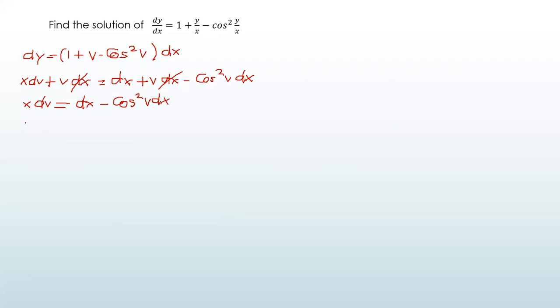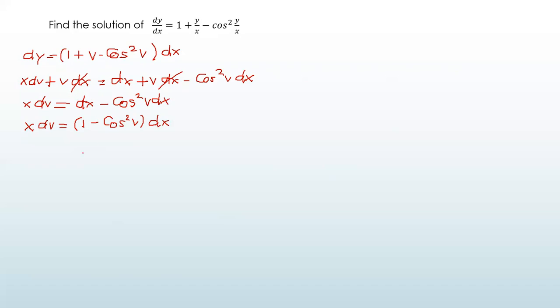Or we may simplify, it becomes x dv equals 1 minus cos square phi dx, like this.